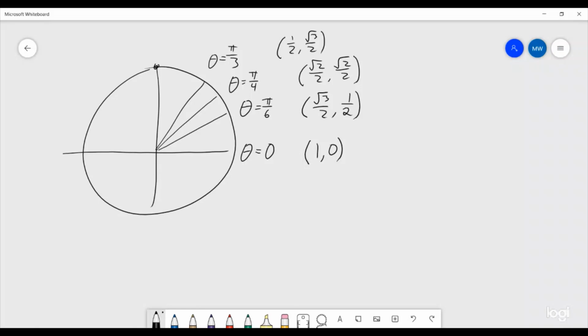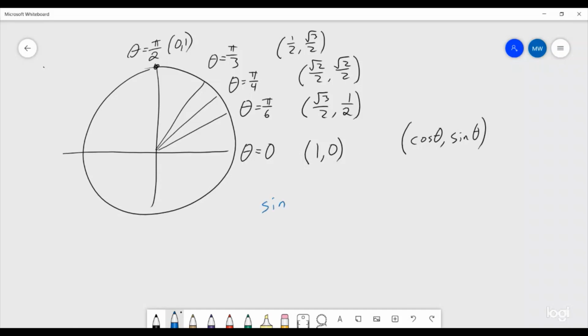And then this angle here, this is theta equals pi halves, and it's the point 0, 1. All of these are in the form cosine theta, sine theta, and you're able to generate the rest of the circle using this. This is also a good time to remember the different ratios of sides.